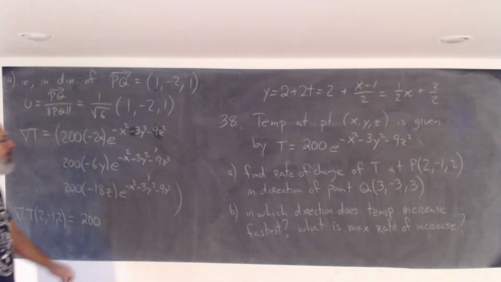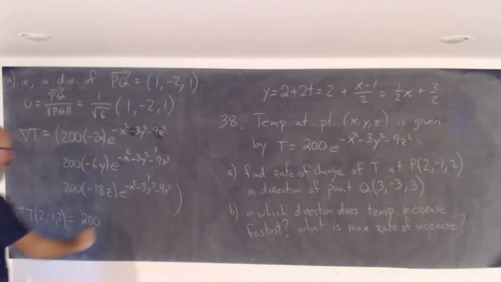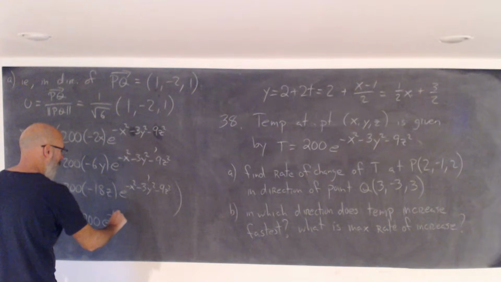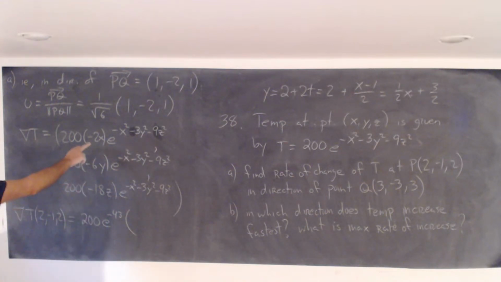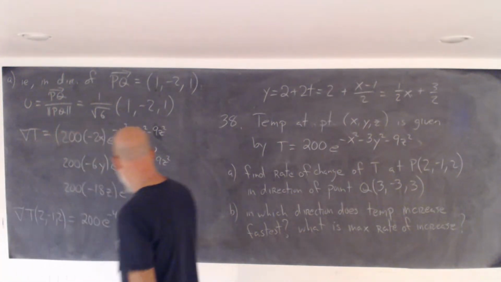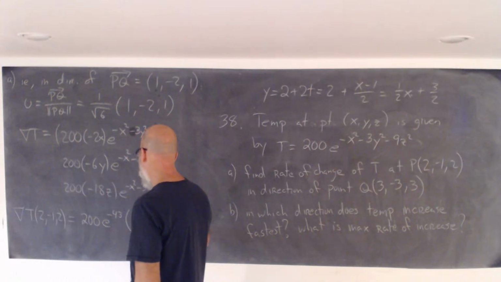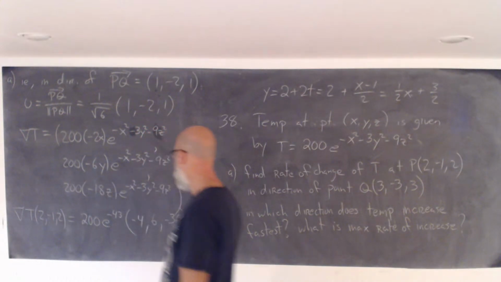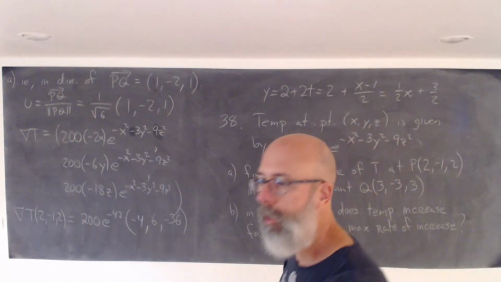Minus 7 minus 36. That's minus 43. Is that correct? Times minus 4, 6, minus 36. Can anybody confirm that?